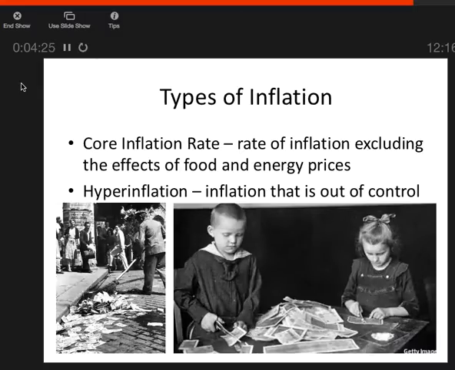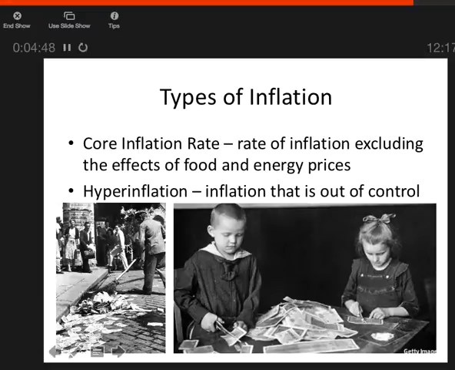Now, typical inflation is anywhere from 1 to 3%. Anything above that, people begin to get worried. If it goes above 5%, then there's something to worry about. And if it increases even more than that, it's known as hyperinflation, which means prices are completely out of control.